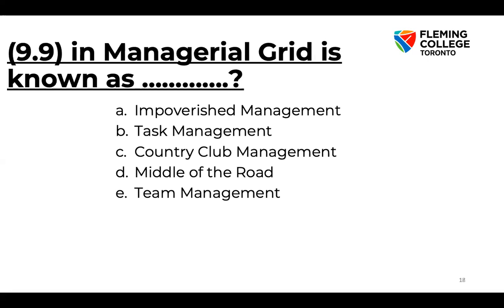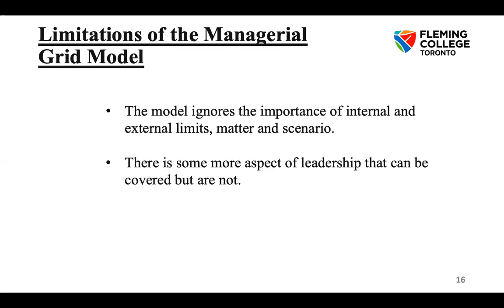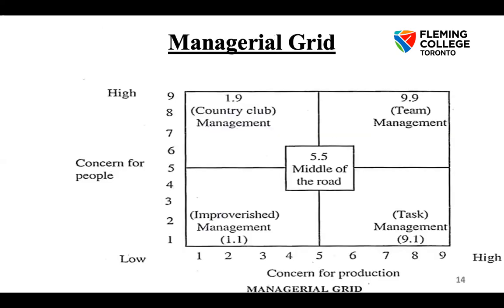And if we talk about 5.5, in the previous chart, 1 was lowest, 9 was highest number, and if it is 5.5, then it is middle of the road. Let's go back and see again. See, this is the leadership managerial grid.